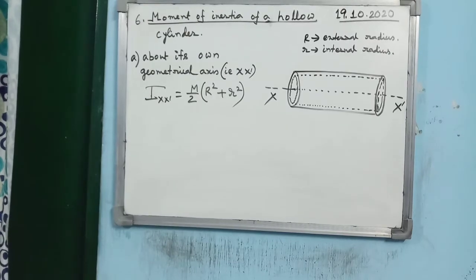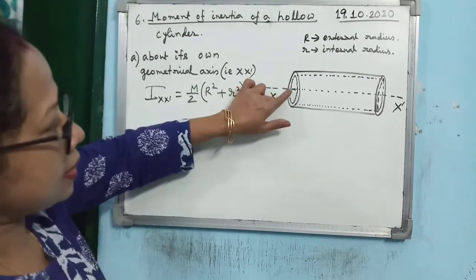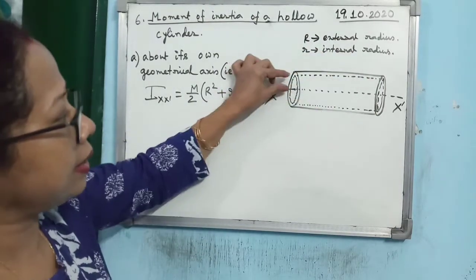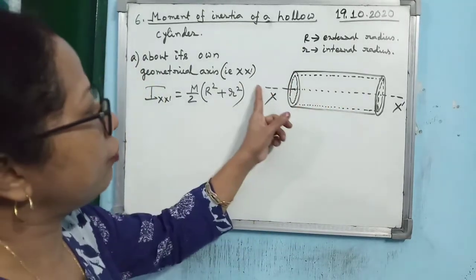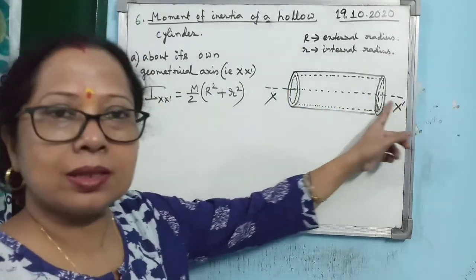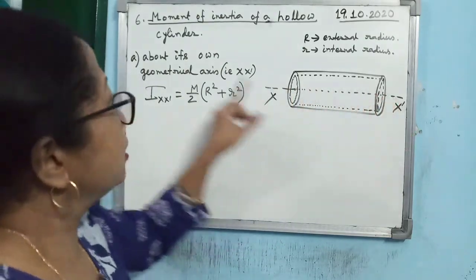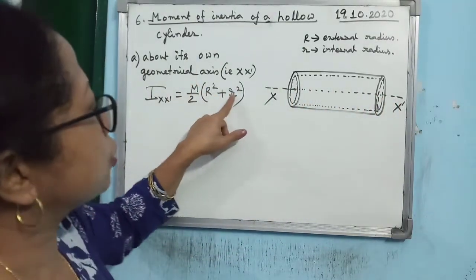Now next is the moment of inertia of a hollow cylinder. You know that a hollow cylinder has two radii, the external radius big R and the internal radius small r. In this case you can find the moment of inertia about its own axis. It is given by m by 2 into R square plus small r square.